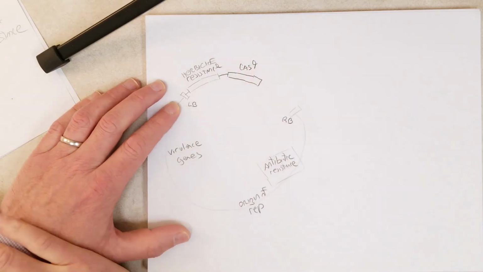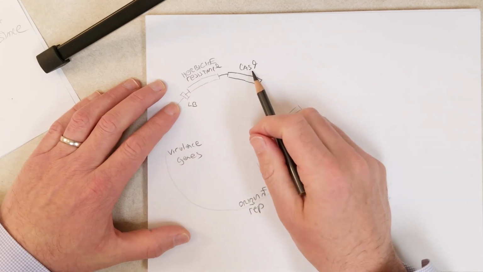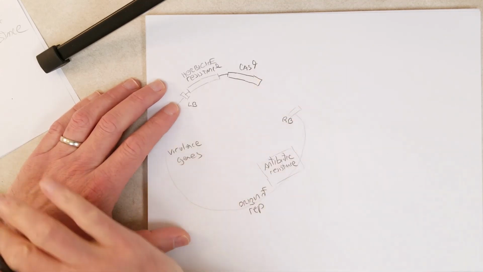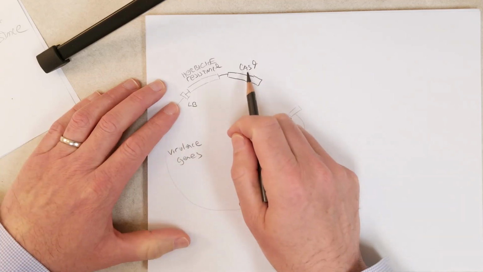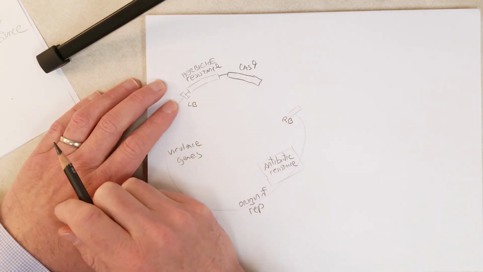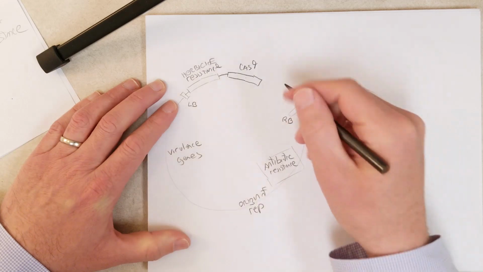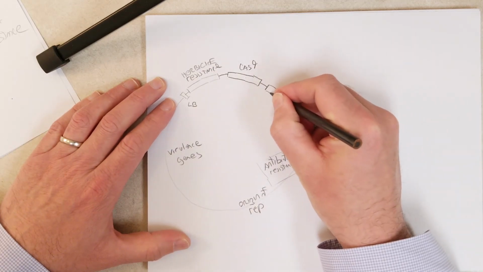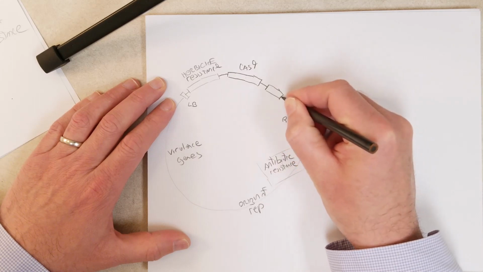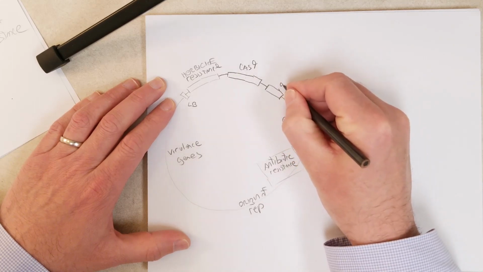So Cas9 is a nuclease, and it's the nuclease of the type 2 CRISPR system that we talked about in a previous video. And so this gene is going to express Cas9 in plant cells. And then over here, we're going to have another gene that expresses a guide RNA.